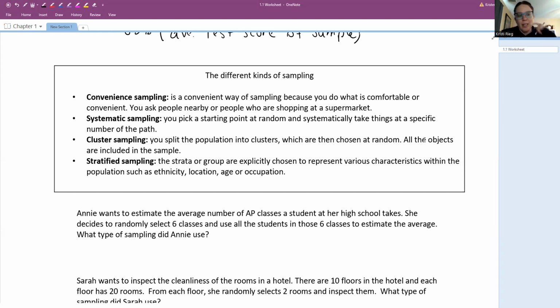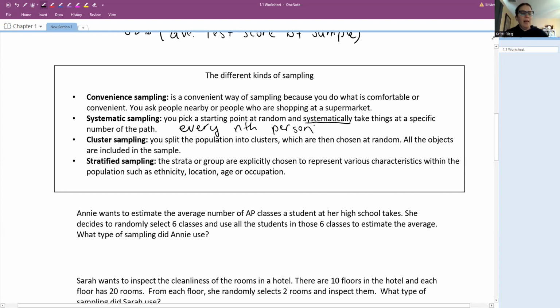So let's look at the first one. Systematic is the easiest one to figure out in a problem, because we systematically take things. And so usually what that looks like is every nth person.